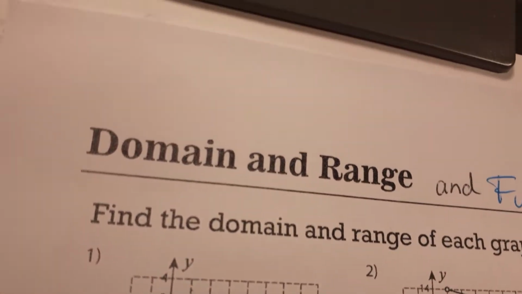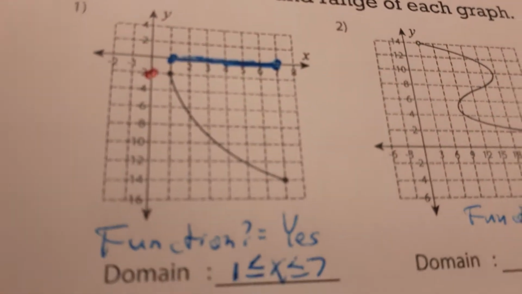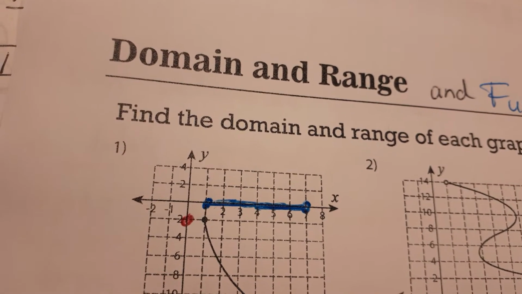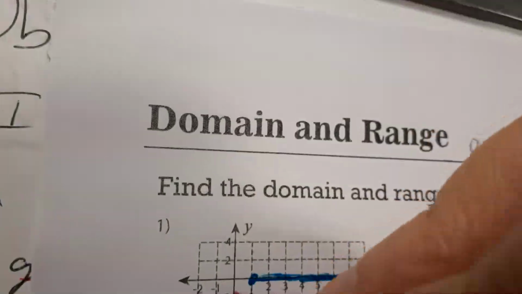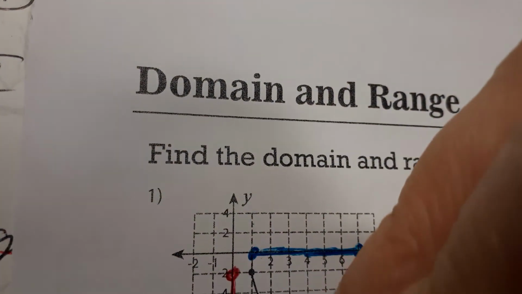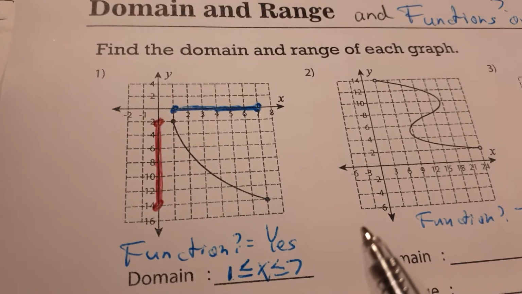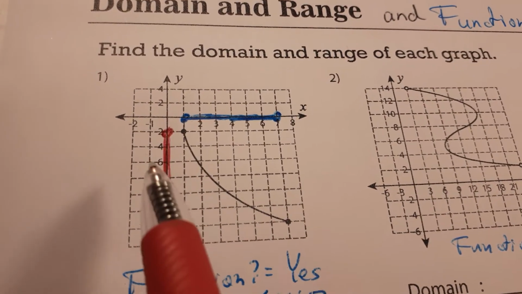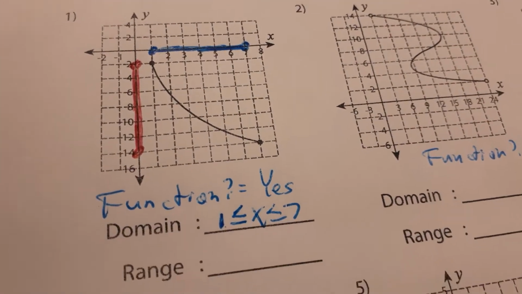And at -14, I'm going to put a closed circle. Okay, make a line between the two. All right, and that is our y. This is our y values or our range.